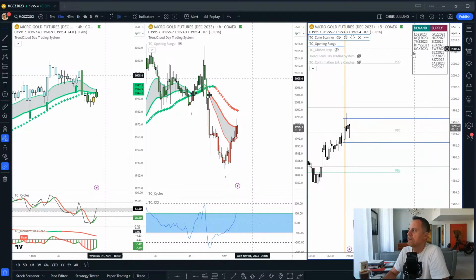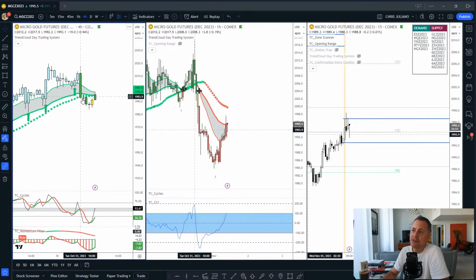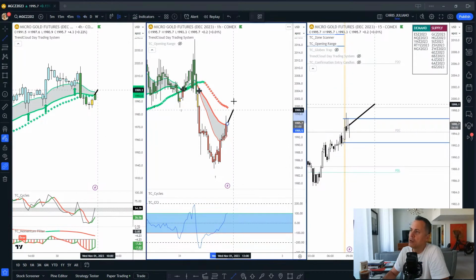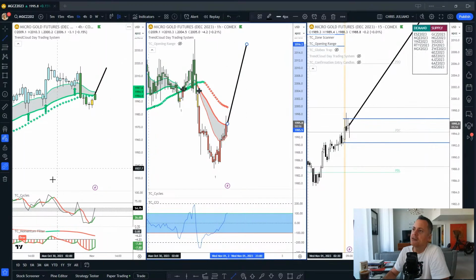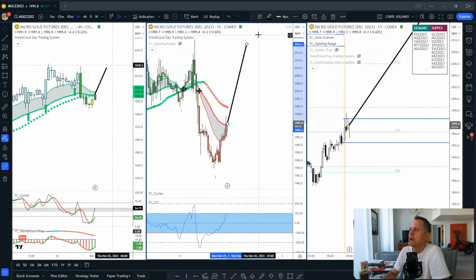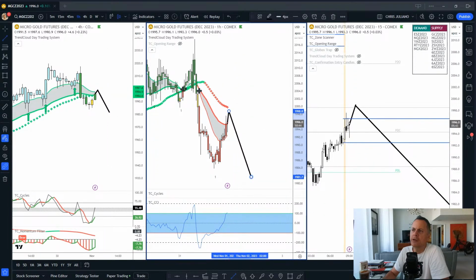And this is just a mathematical equation, right? So in this situation, we don't know if gold is going to continue up, or is it going to stay below the trend cloud and do this, right?